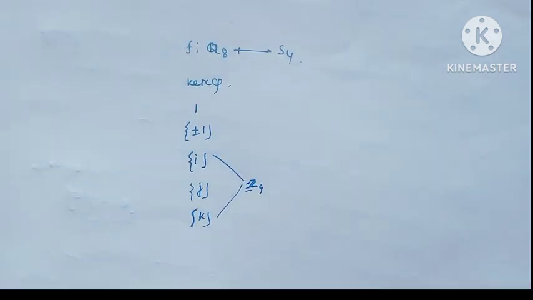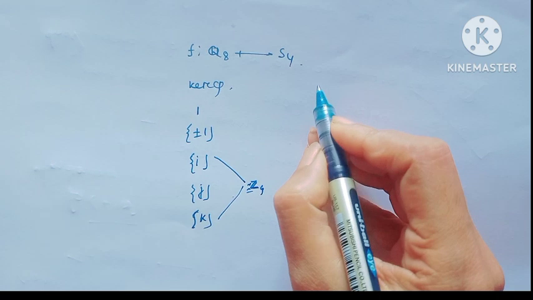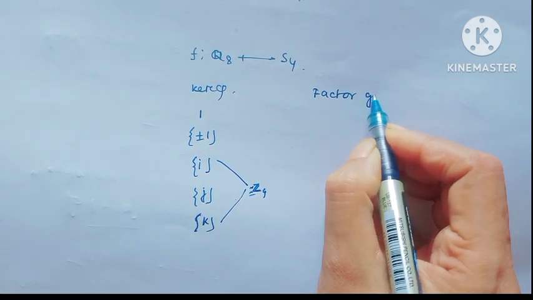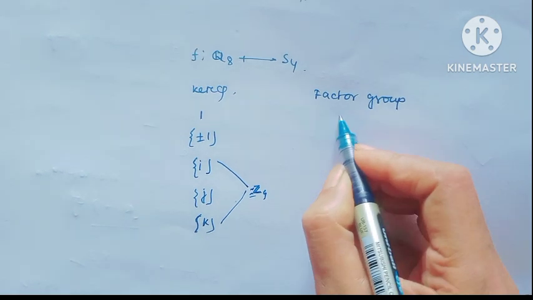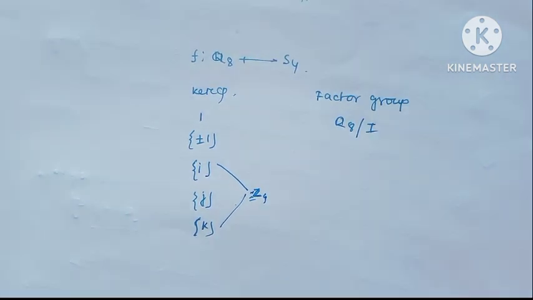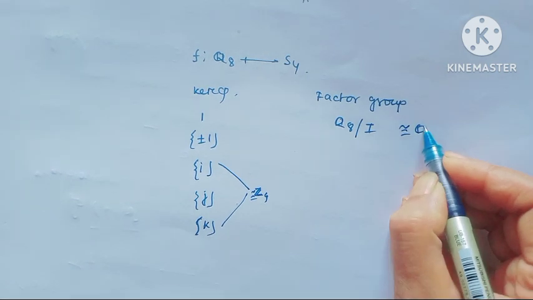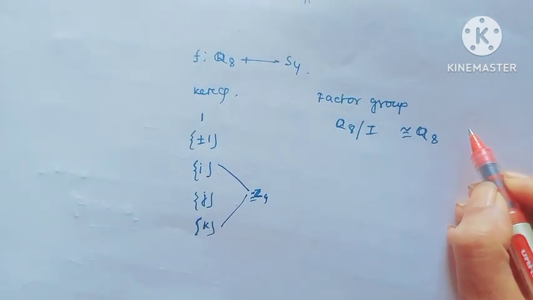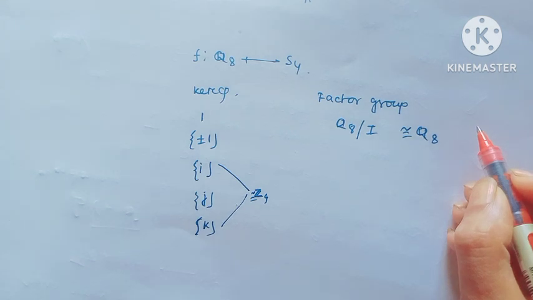We all know this. So the quotient groups, the factor groups, are Q8 modulo identity, which is isomorphic to Q8. In S4 there exists no subgroup of Q8 type.